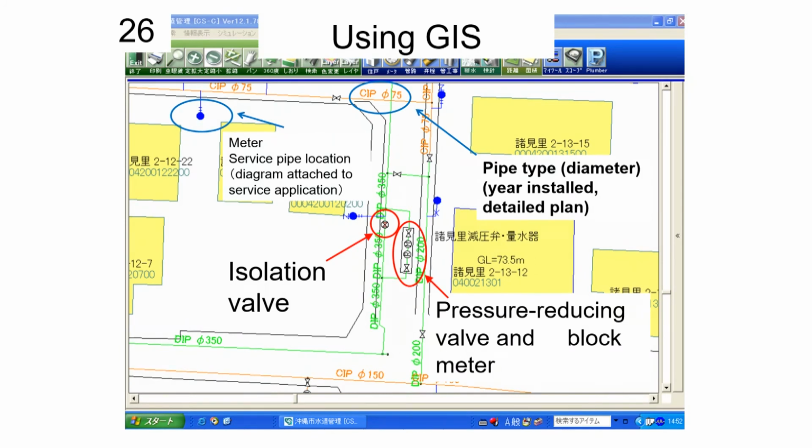Pipes with frequent bursts and aging pipes can be identified. So conducting leak survey on these priorities enables efficient detection and improved detection rate.